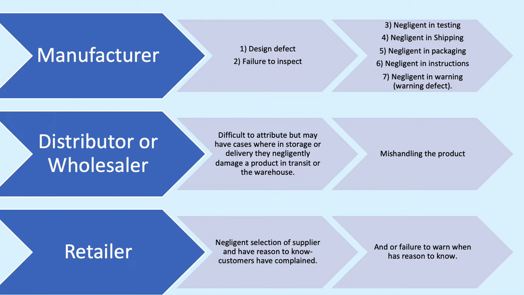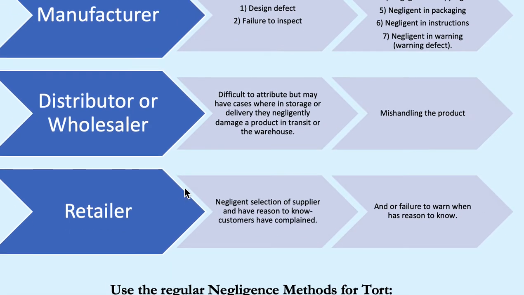This whole list here, you can pause it and look at it and read it off. These are categories of where the manufacturer can make an error or an omission and wind up paying in a negligent tort suit.